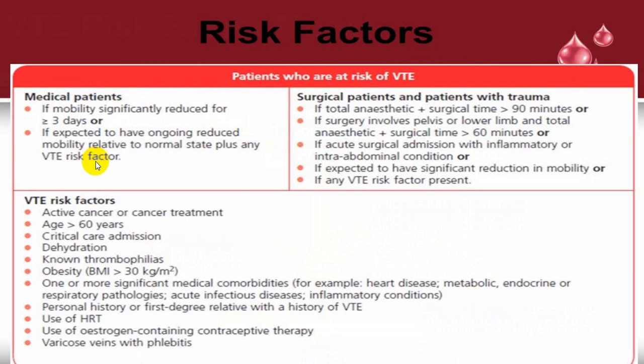These are medical patients, these are surgical patients, and these are venous thromboembolism risk factors. We have almost uttered the majority of those. So all these causes can become a risk factor for thrombosis, venous thrombosis, and thromboembolism. At your leisure time, you can go through them.